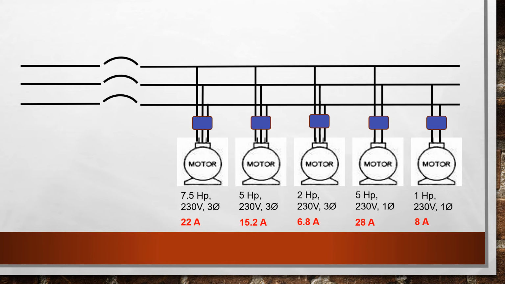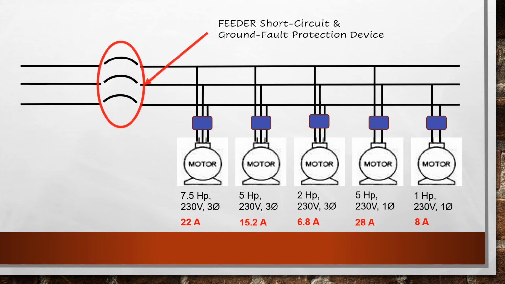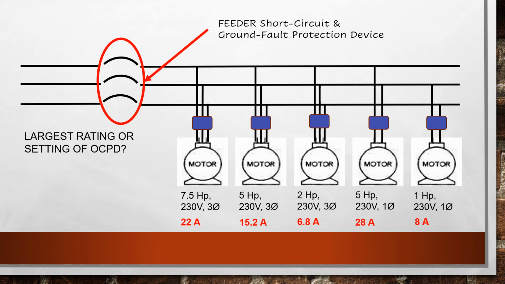Now with the given ratings of the motors, our aim is to determine the feeder short circuit and ground fault protection device. Now what is the largest rating or setting of the OCPD in this case? In this case, it is the 5 horsepower single phase motor because it has 28 ampere, which is the largest current in this circuit.